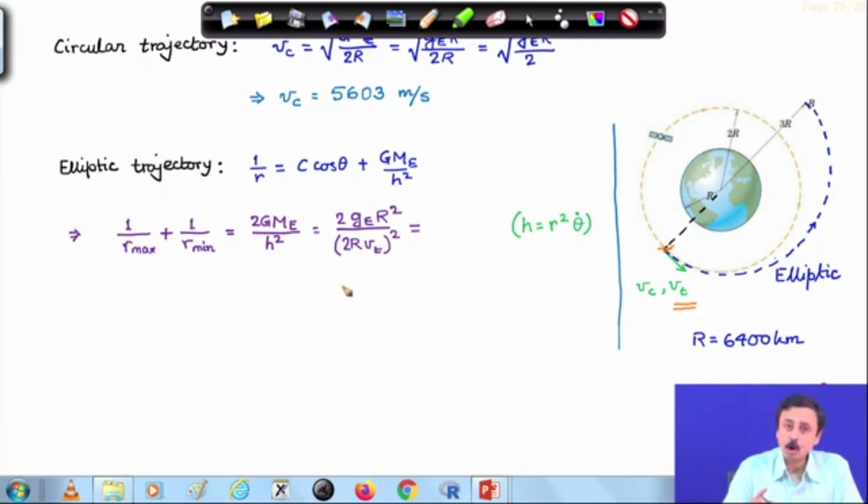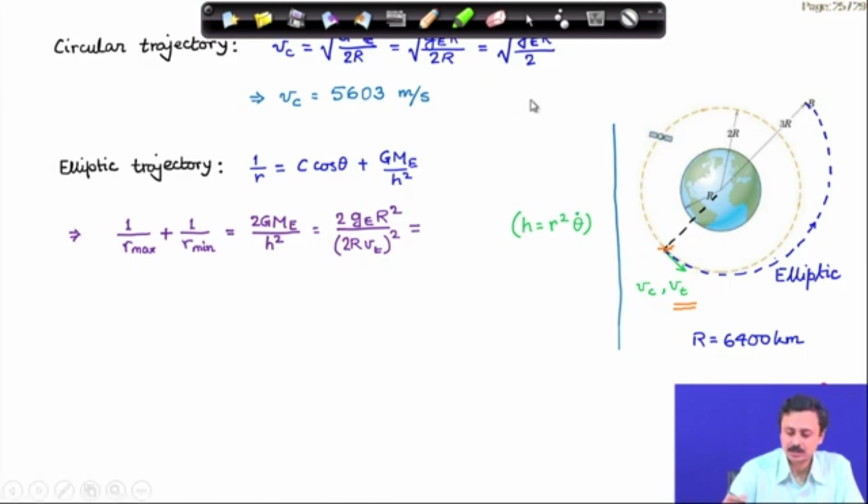Therefore, angular momentum per unit mass on the elliptic path is equal to 2 r into v t, and that is squared, and this is going to remain constant. Remember, this h is going to remain constant.